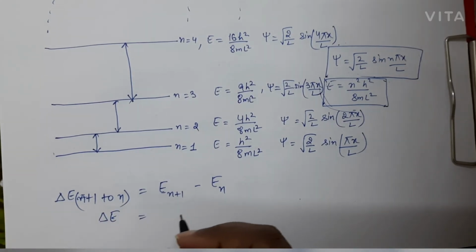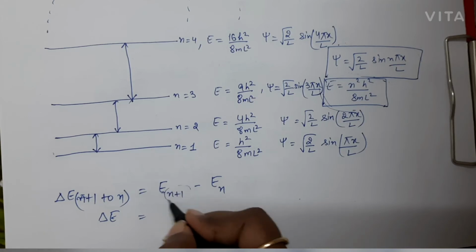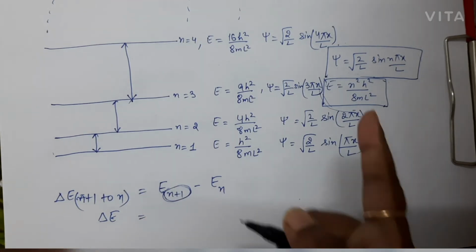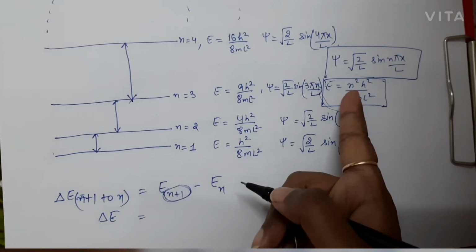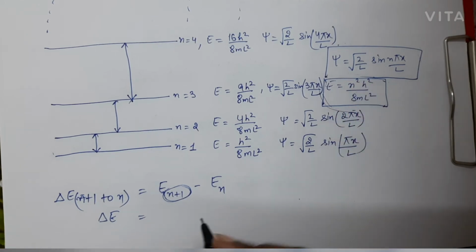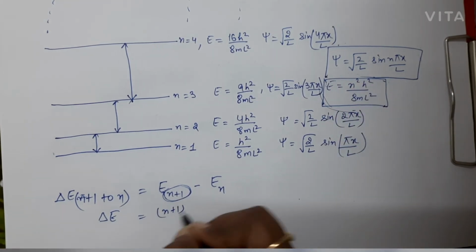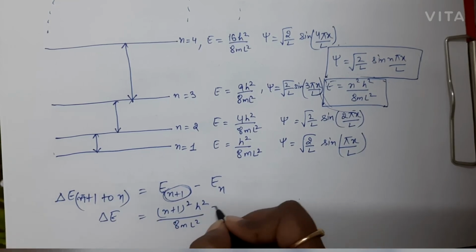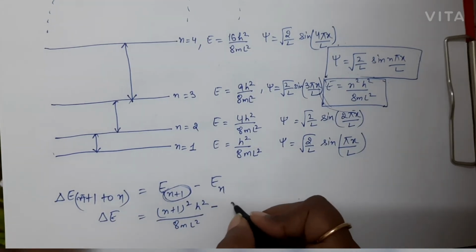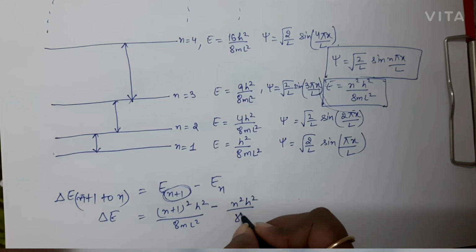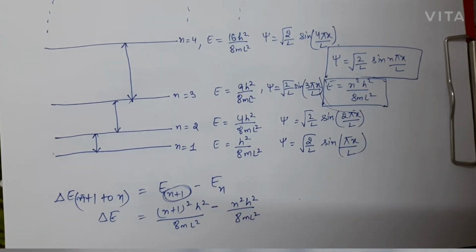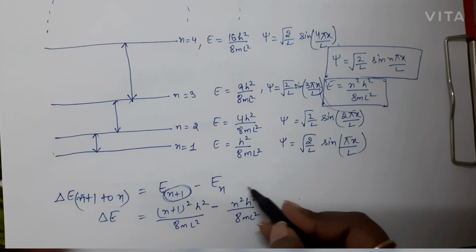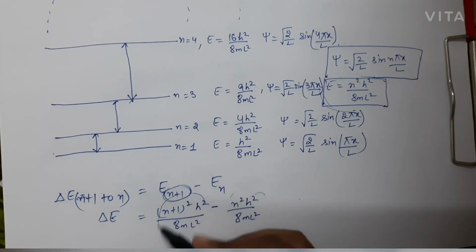So it will be equal to, at the n plus 1th level, instead of n, you are going to put n plus 1. So it will be n plus 1 square h square by 8 m L square minus n square h square by 8 m L square. Right? So the energy at the nth level is given by this, and at the n plus 1th level by this.